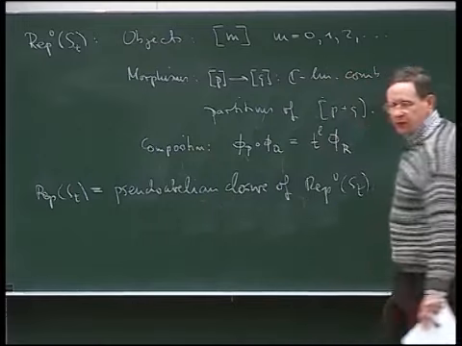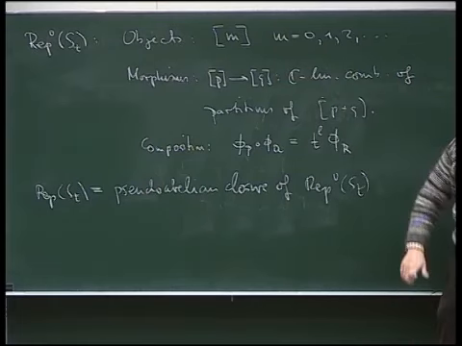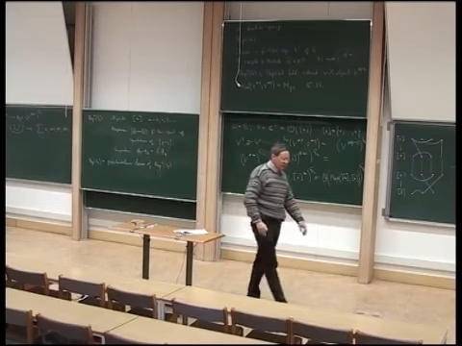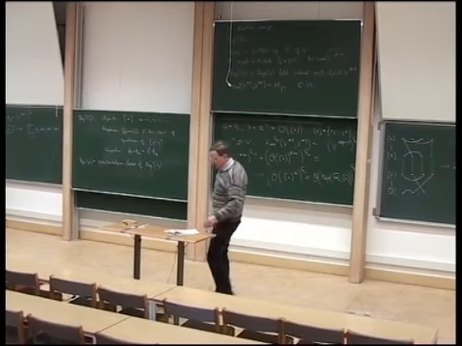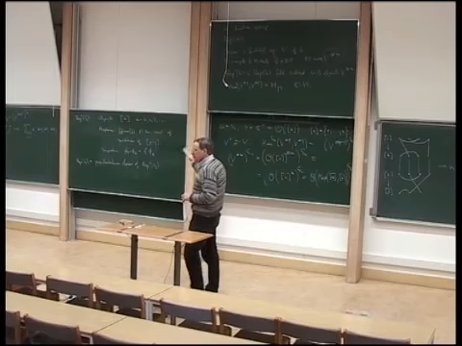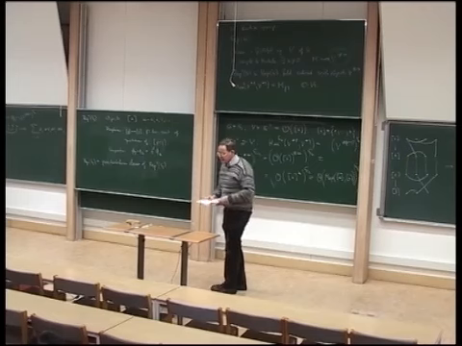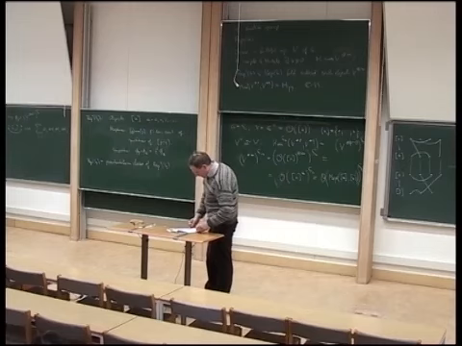In other words, what you're doing is you take in a formal way all finite direct sums of objects of this form, and then you take in a formal way all direct summands. And that you can do because the direct summand is encoded inside the endomorphisms as an idempotent. Therefore, idempotents give you direct summands.